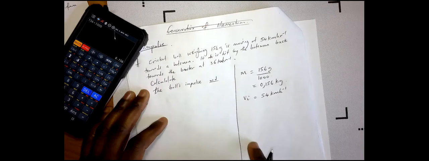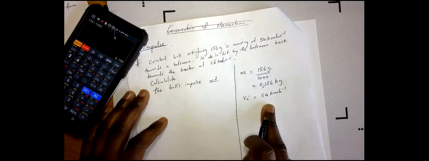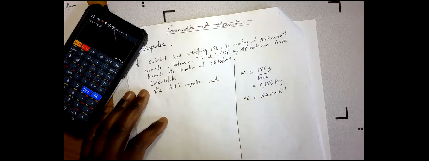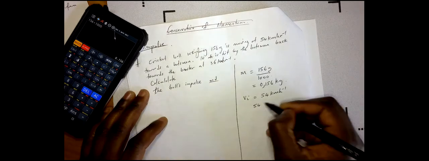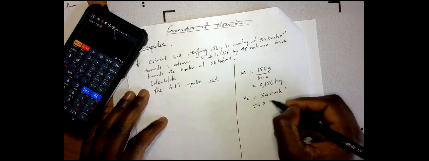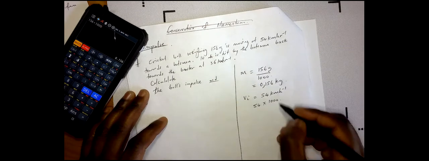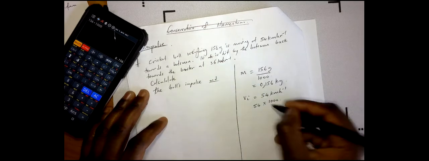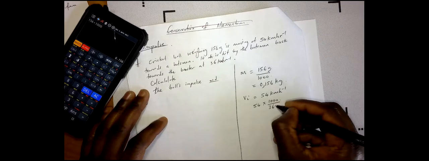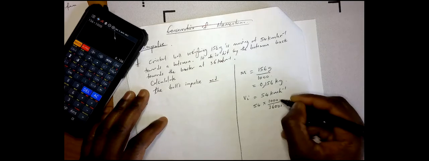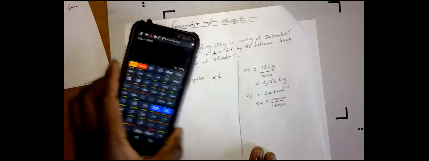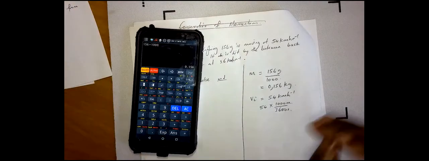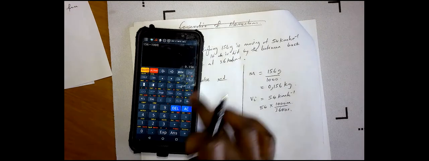What did we say again here? We need to convert this because we want our unit as meters per second. What must we do? We must say 54 times 1,000, since there are 1,000 meters in 1 kilometer, over 3,600 seconds, because in 1 hour you have 3,600 seconds.